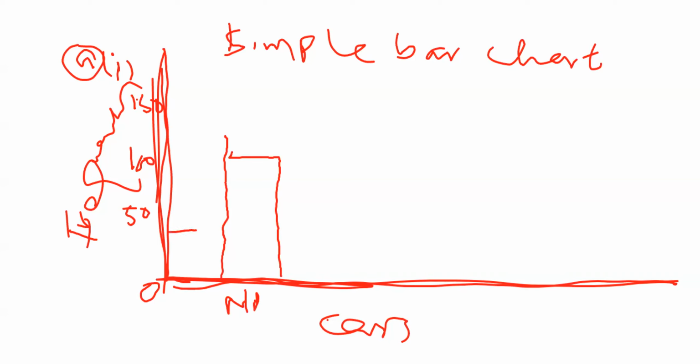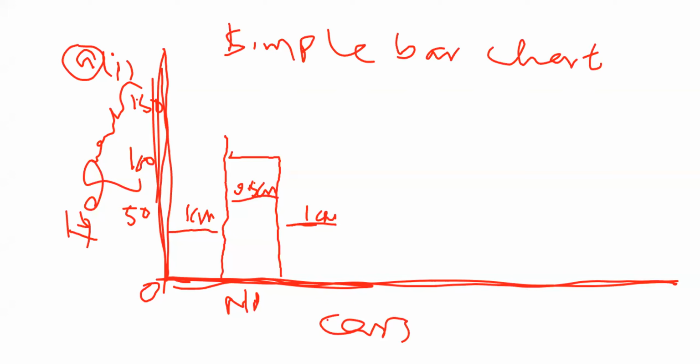The space here, let's assume, is 1 centimeter. Another space again will also be 1 centimeter. Maybe the space in between could be 0.5 centimeter, something like that. The breadth of the bar must be the same as the other bars.